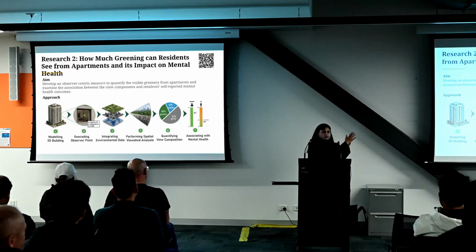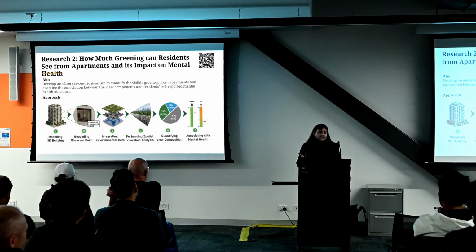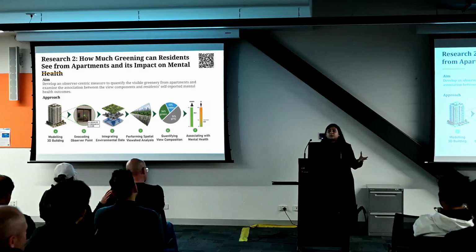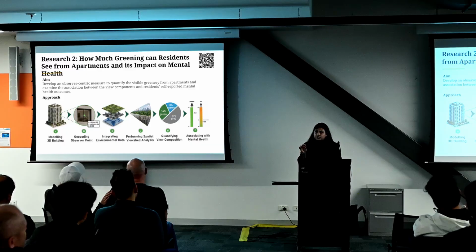Usually you stand and you look out, that becomes your midpoint. Now you might be thinking, why not the window? Why not the glazing? Again, that becomes very architecturally detailed. You cannot have so many attributes and still have your model scaled for the whole city. So instead, you develop this observer point based on resident-specific location.